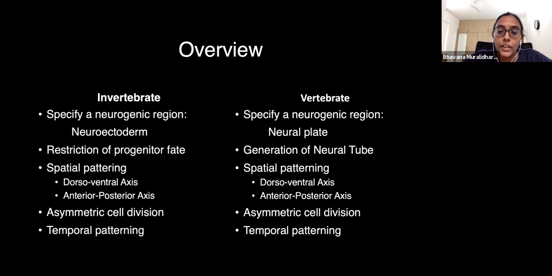One of them is the dorsoventral, where this is the top of the head and this is the bottom, and the anterior-posterior is simply the face and the back of the head.